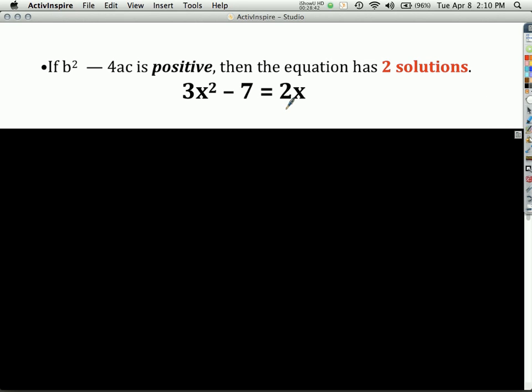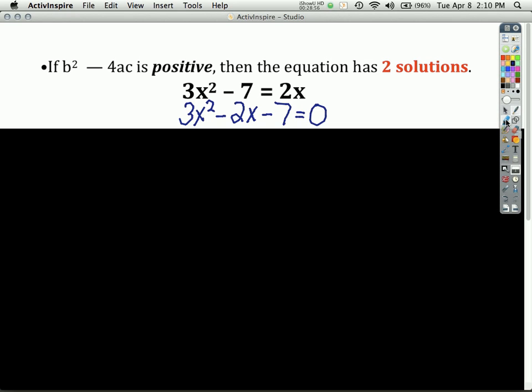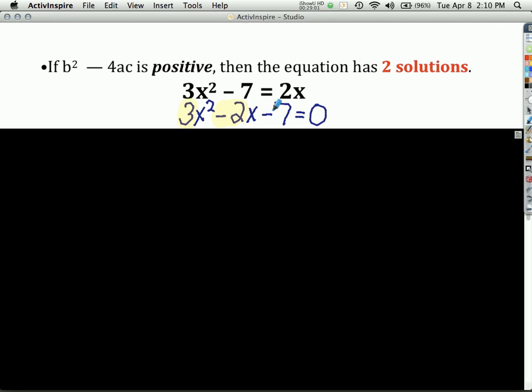We'd need to subtract 2x from both sides, and so we'd end up with 3x squared minus 2x minus 7 equals 0. Now it's in standard form, and we can easily pick out A, B, and C. If we do the discriminant first, we will know exactly how many solutions we're supposed to get before we even do anything else. This is a huge benefit.